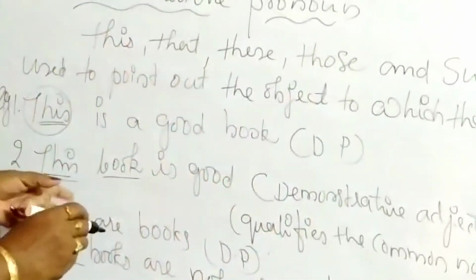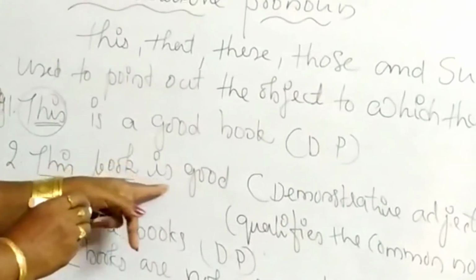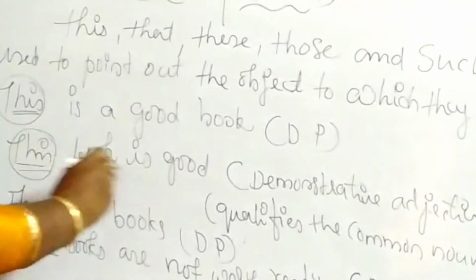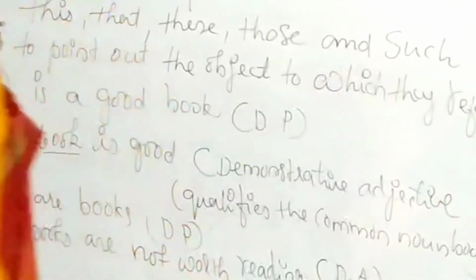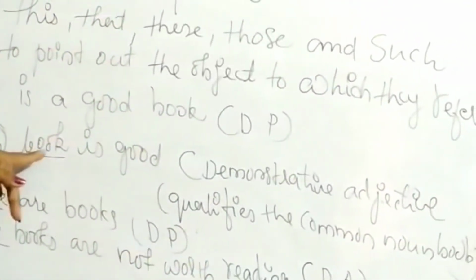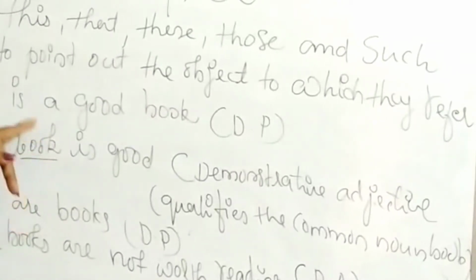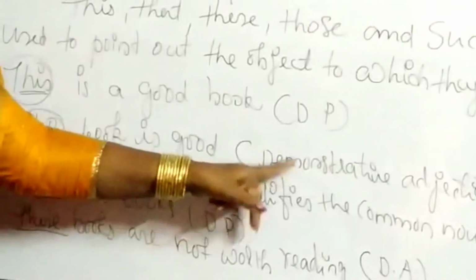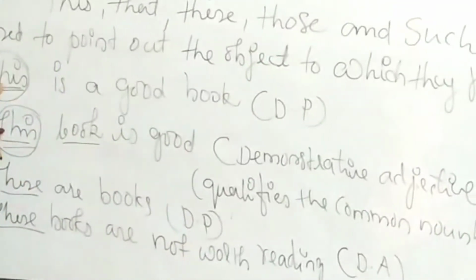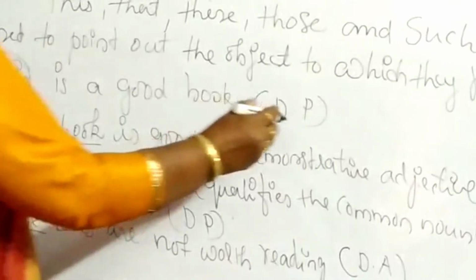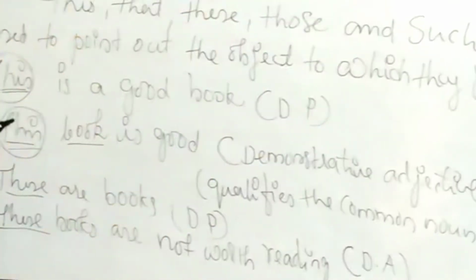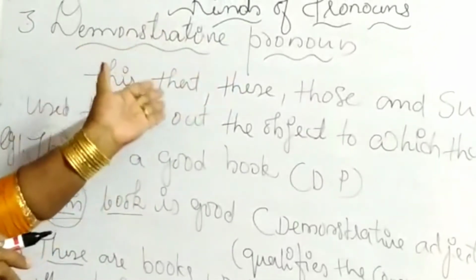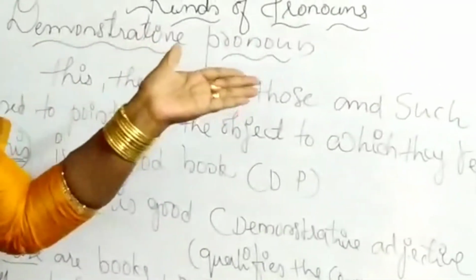The same word is used here: this book is good. Here this is a demonstrative adjective, because it qualifies the common noun book. So the first this is a demonstrative pronoun.